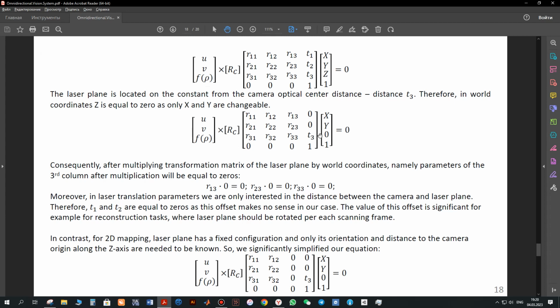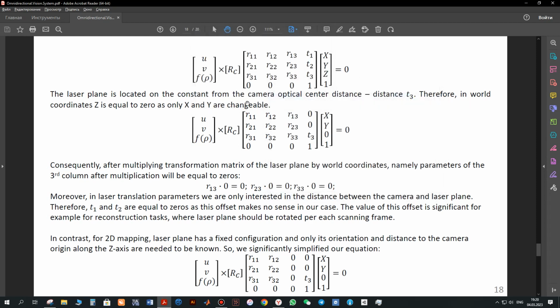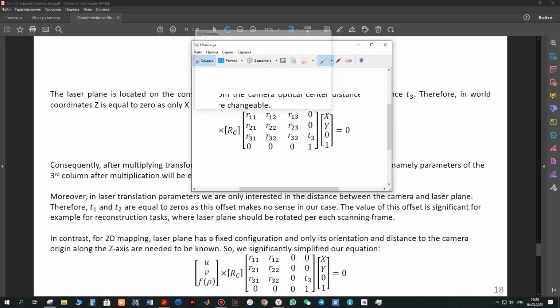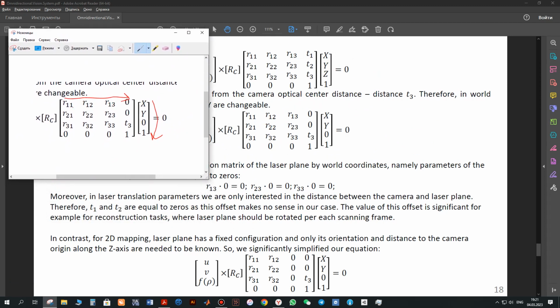Now if we do the multiplication between these two matrices, how do we do this multiplication? R11 is multiplied by x, next R12 is multiplied by y, and when it goes to R13 it is multiplied by 0, so it will be 0.